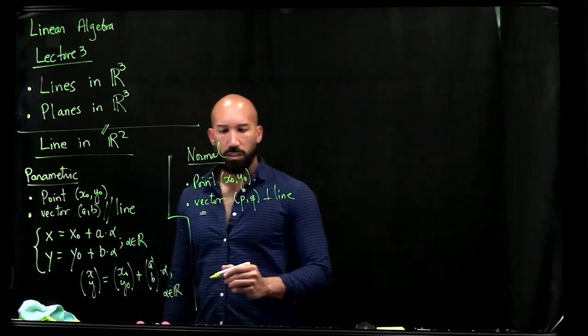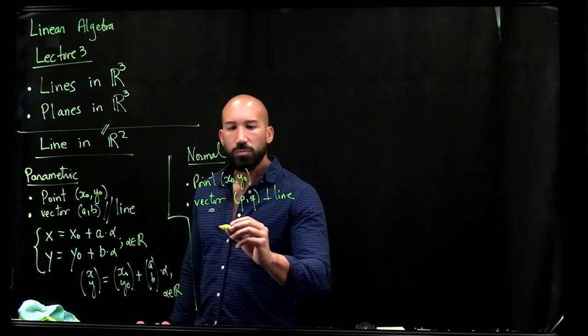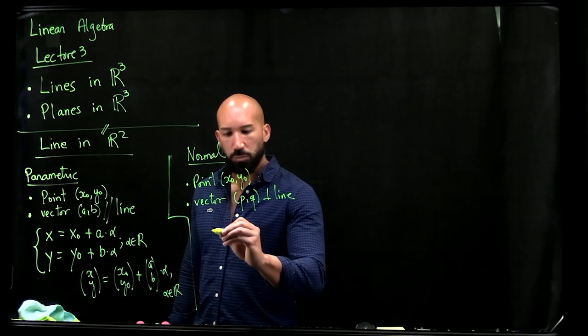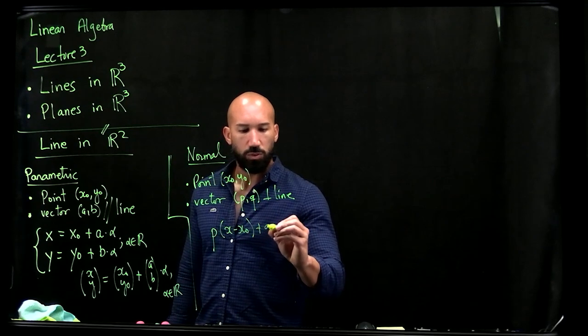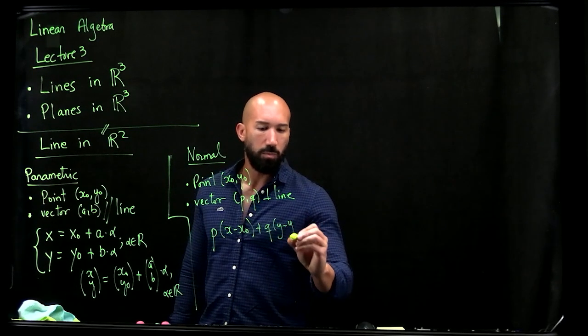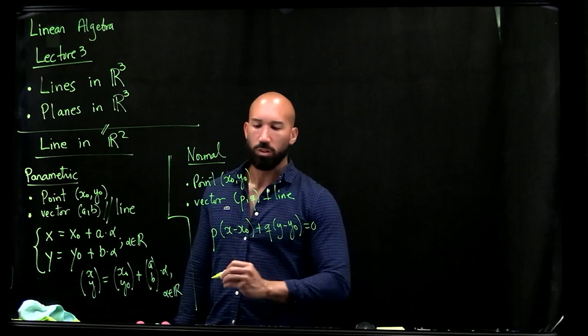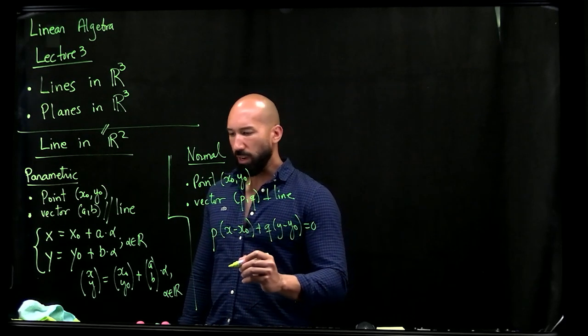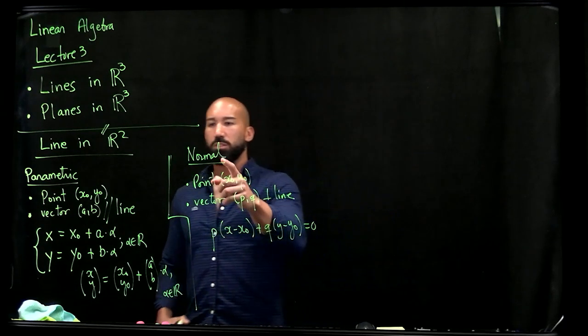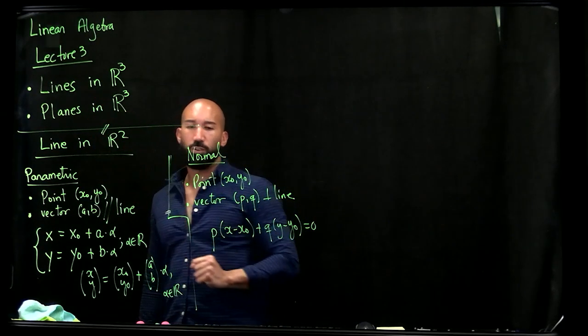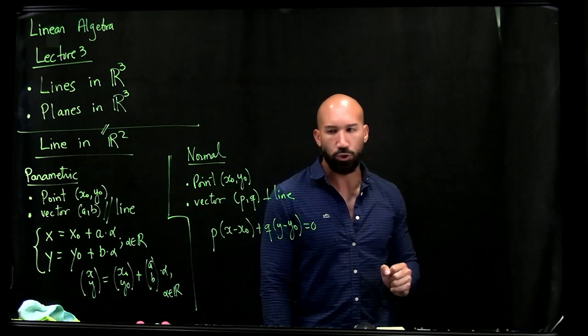Okay? And the equation is p times (x minus x0) plus q times (y minus y0) equal to 0. All right? Okay, good. So we are going to do the same now, but for lines in the three-dimensional space.